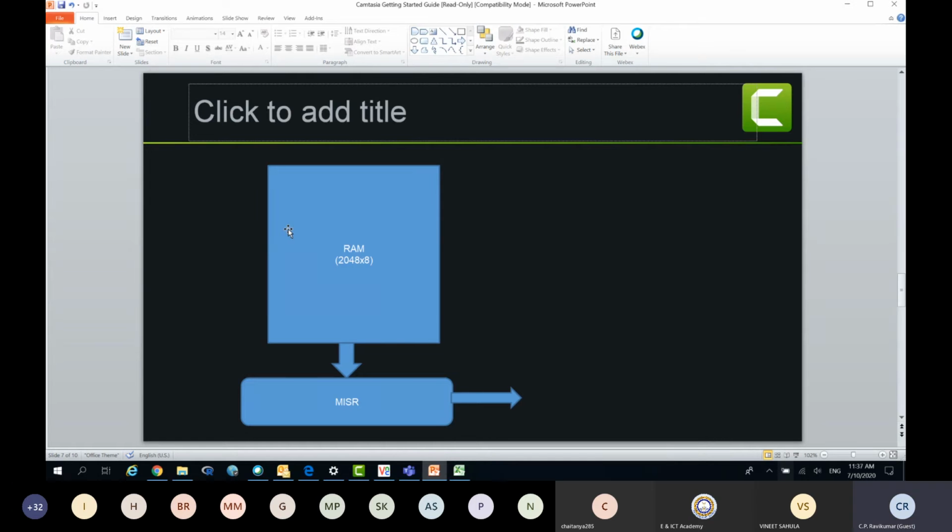So sometimes the memory may have a fault, right? I may have a cell getting stuck at 0, or 2 cells develop what is called a coupling fault, or there may be an address decoding fault. So many faults can exist in the memory. So when I read out, here is the address bus. Here's the data bus.